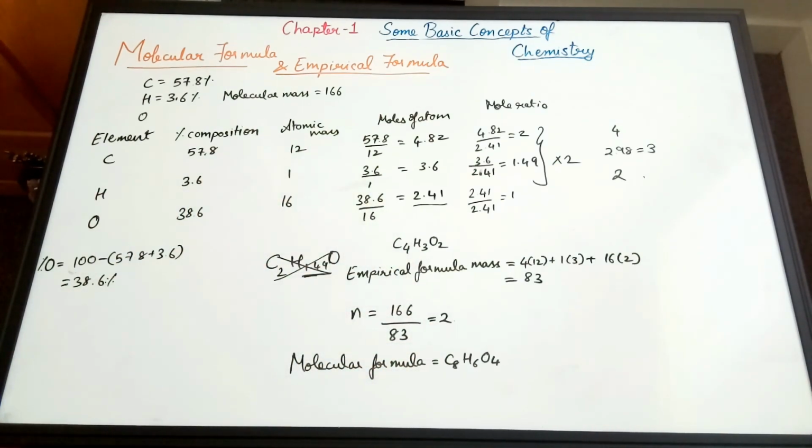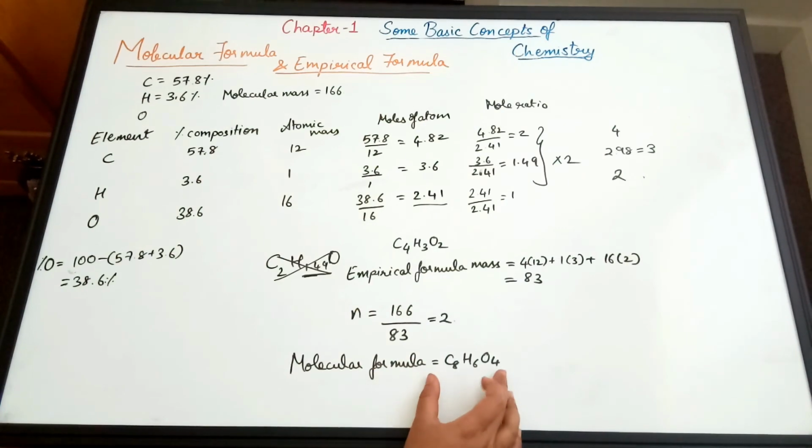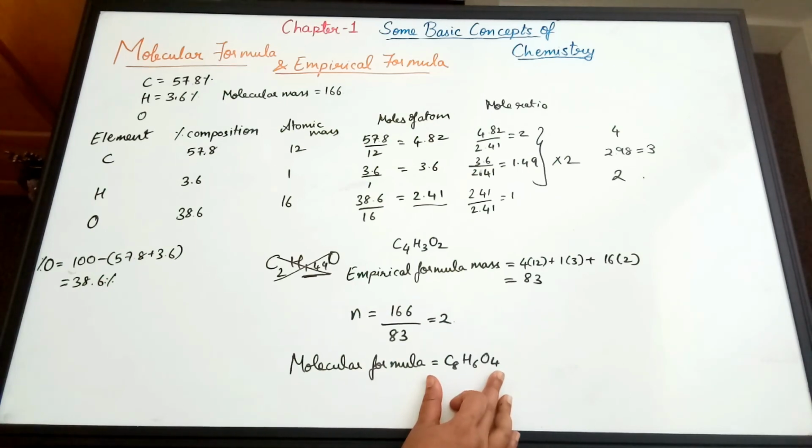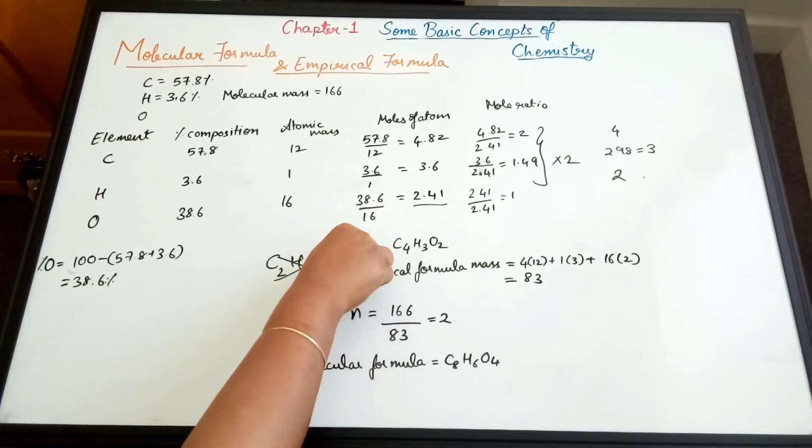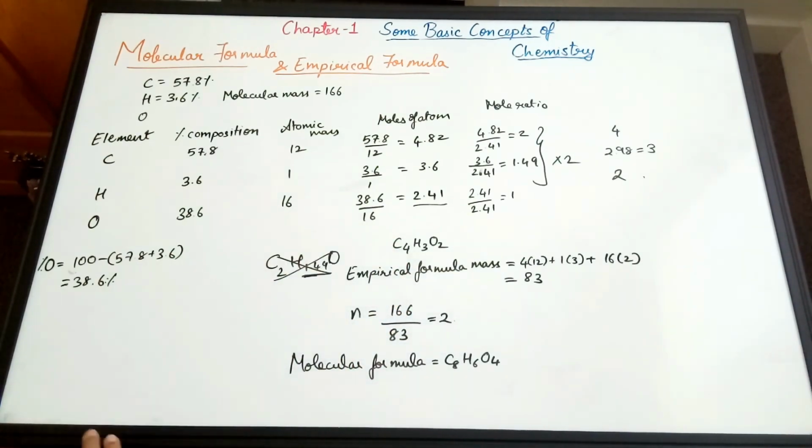The molecular formula gives the exact number of atoms present in that particular compound, whereas the empirical formula gives the simple whole number ratio. This way we are able to find the molecular formula as well as the empirical formula from the percentage composition. That's it for now. Do check out the next video, which is going to be about stoichiometry.